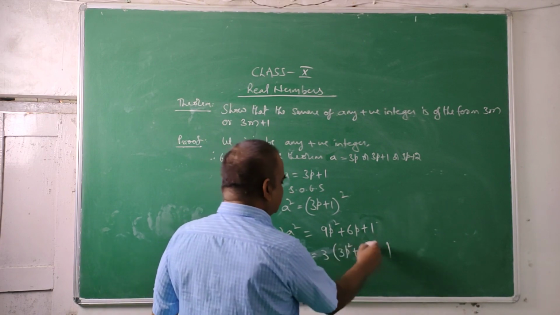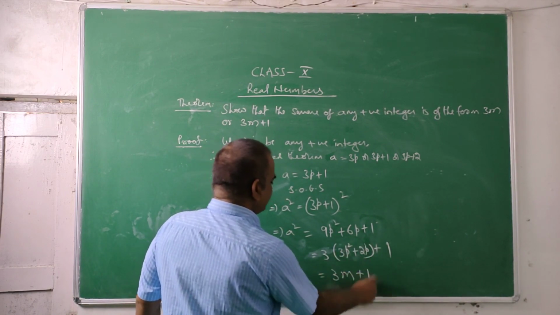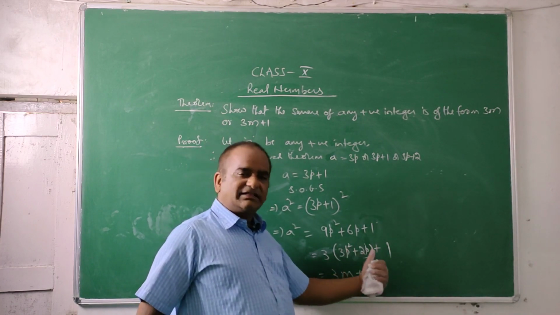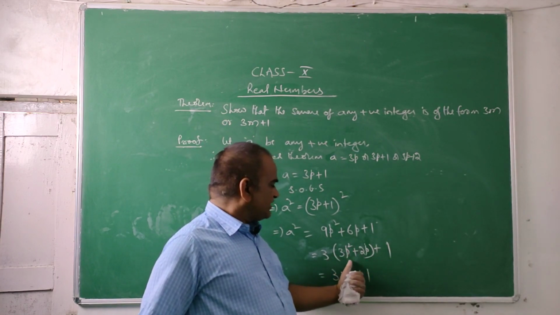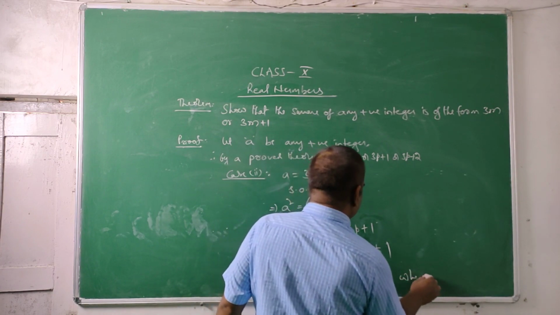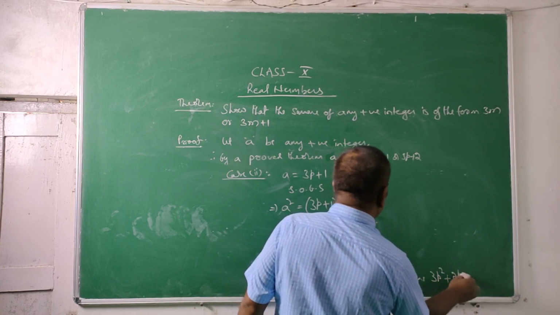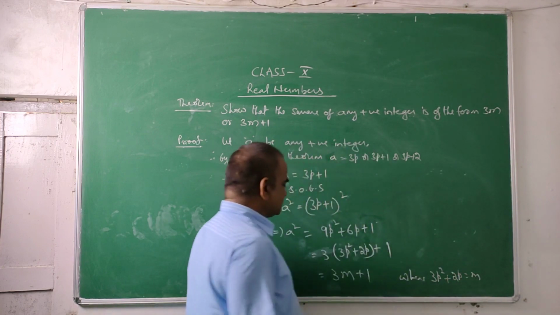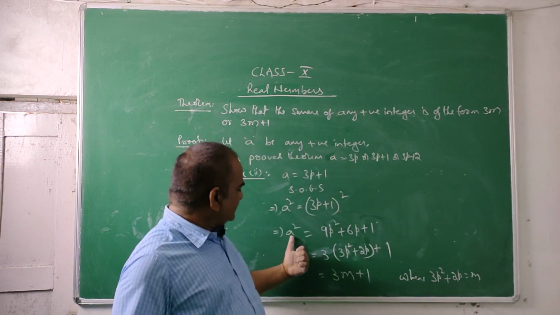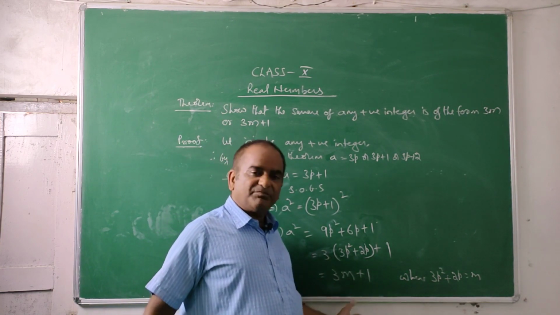Now you consider this as m, which is equal to 3m plus 1. I considered 3p square plus 2p as m, where 3p square plus 2p is equal to m. So now finally that square has been reduced into 3m plus 1 form.